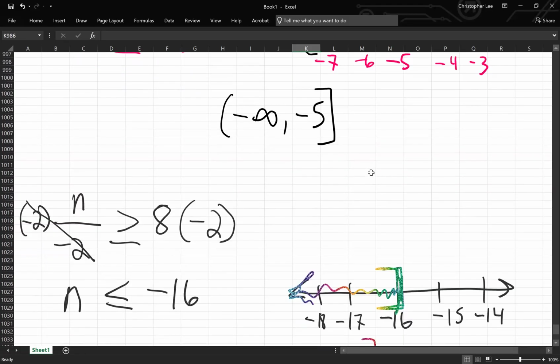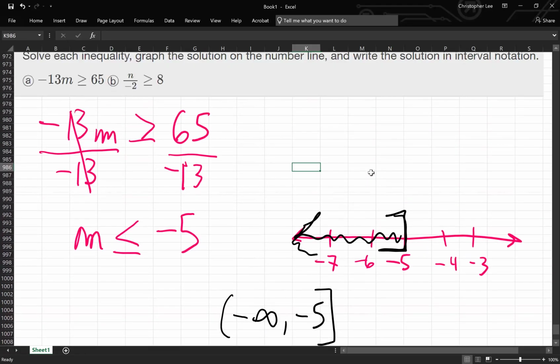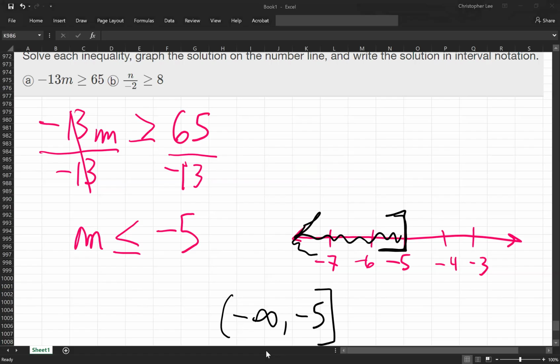Like we're here? Like you want to see the question? Okay. Yeah, exact same thing. Solving for the variable and then that's it.